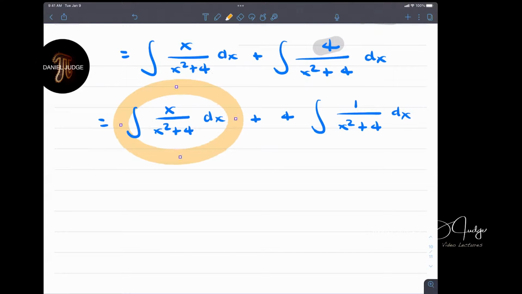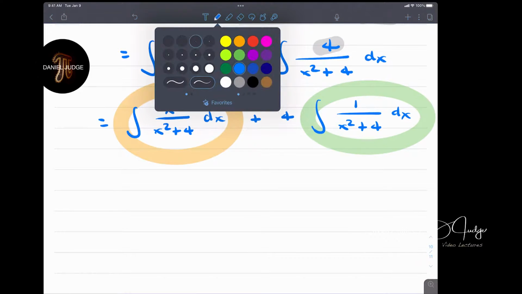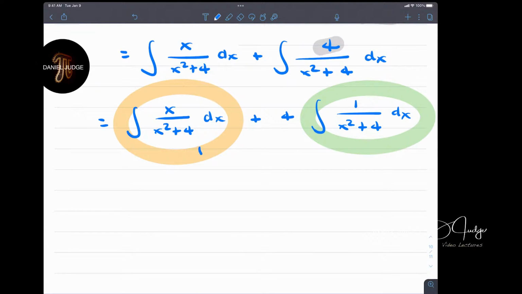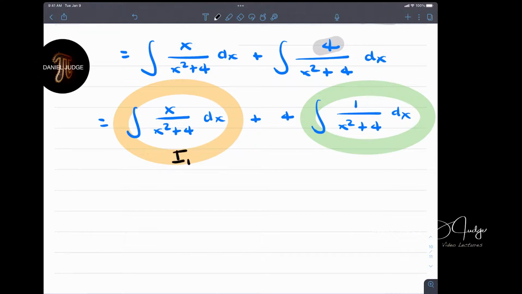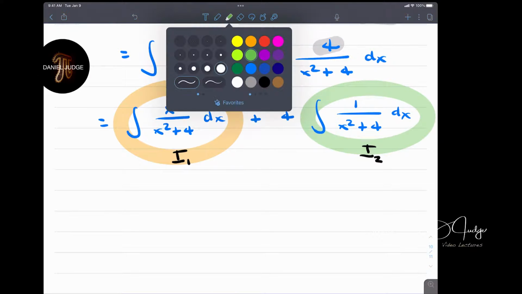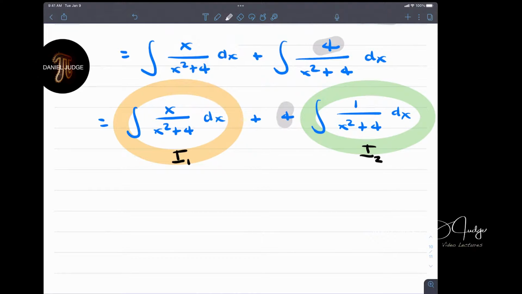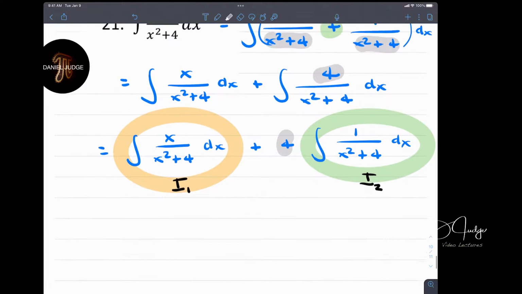Integral 1, integral 2. I1, I2. There's a constant 4. So I have a sum of two integrals.